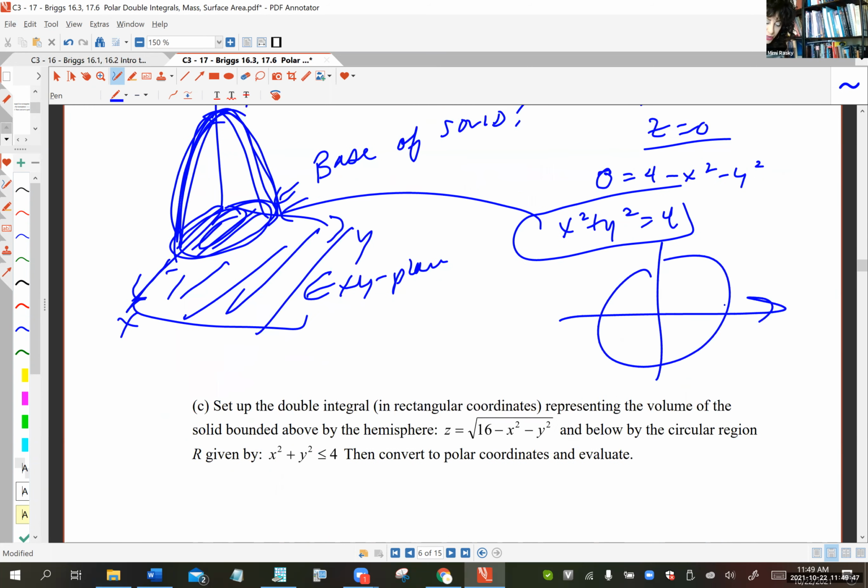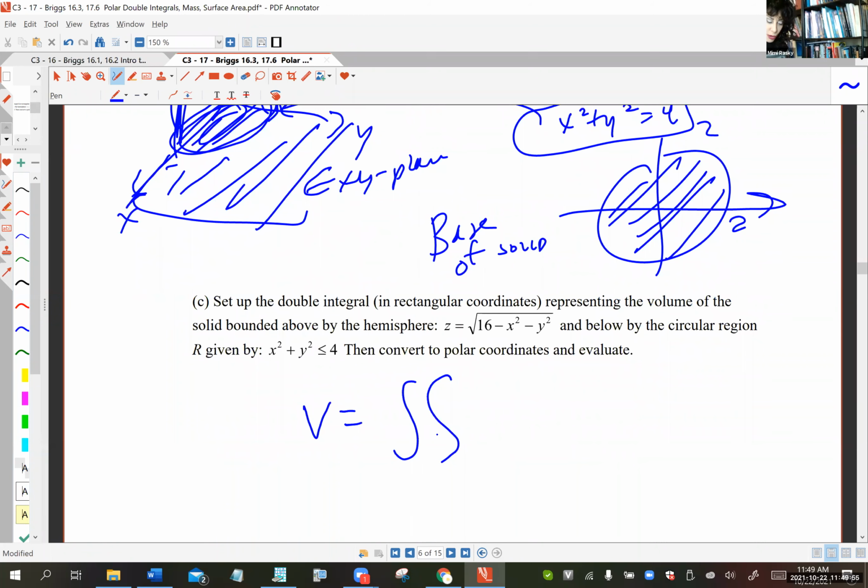So the base of your solid is this circle. And why is that important? Because when you set up the double integral representing your volume, you're going to put the capping surface in the integrand. And if we choose dy dx as our order of integration, x is going from -2 to 2.